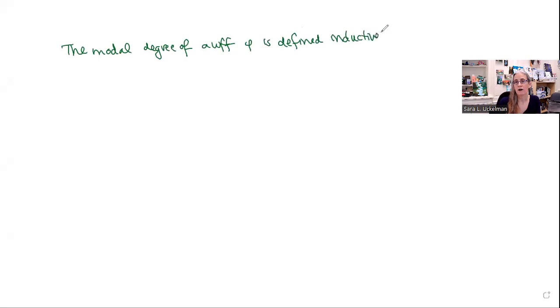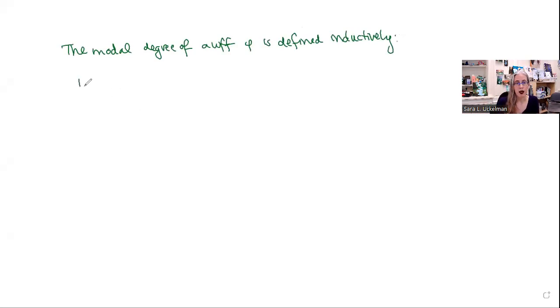So let's get up the whiteboard because we're going to want to see the details, because this is going to be a counting argument. So the modal degree of a well-formed formula phi is going to be defined inductively. That means I will tell you what the modal degree of an atomic formula is, and then I will tell you how to calculate the degree of a more complex formula on the basis of the degree of the parts that go into that complex formula.